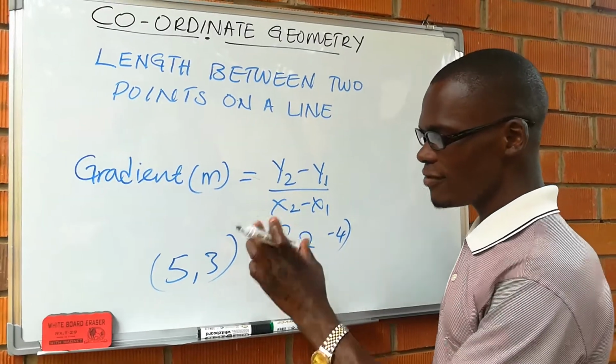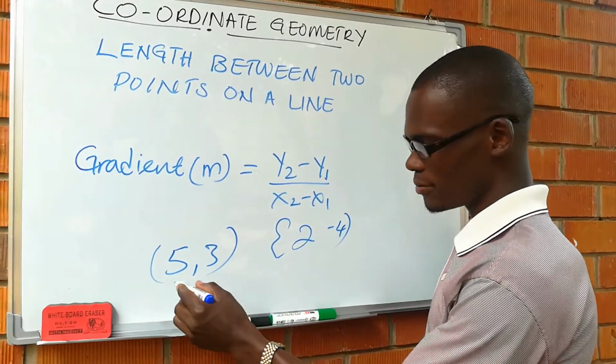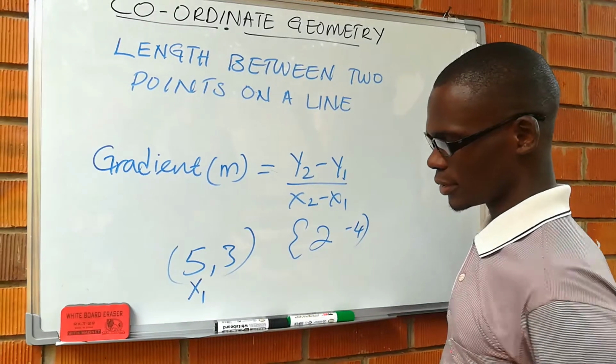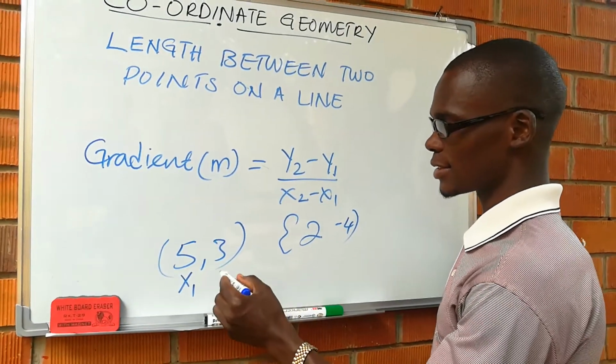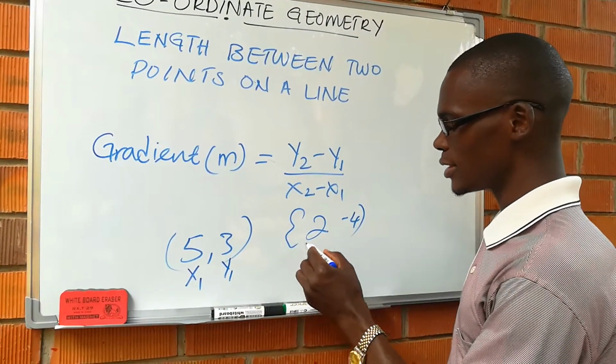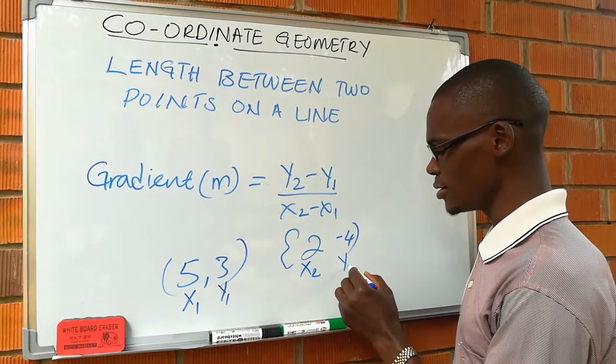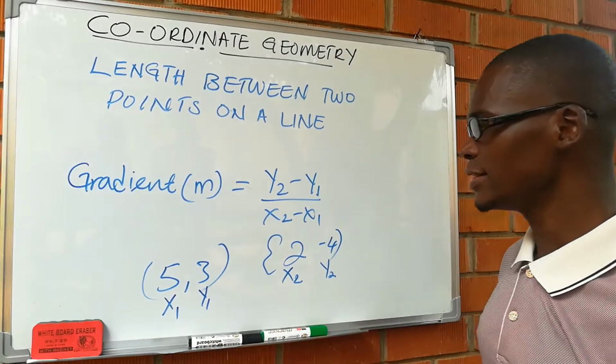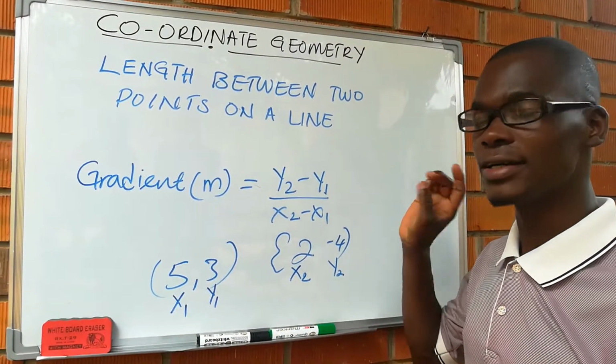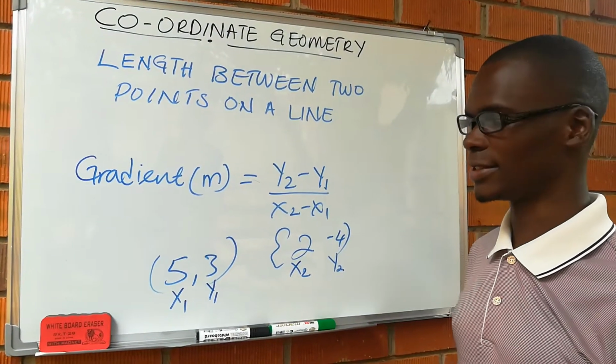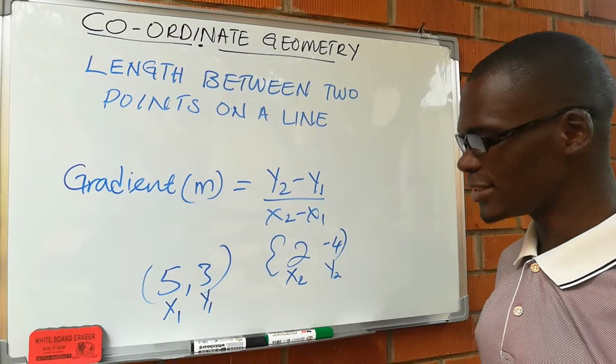So after having these 2 points, we name the coordinates x1, y1, then x2, y2. After that, we substitute in this formula to find the gradient. We looked at that yesterday.